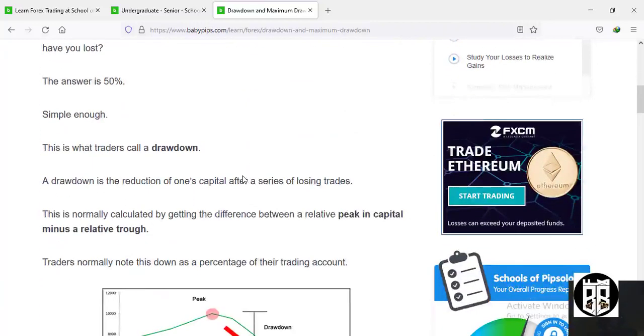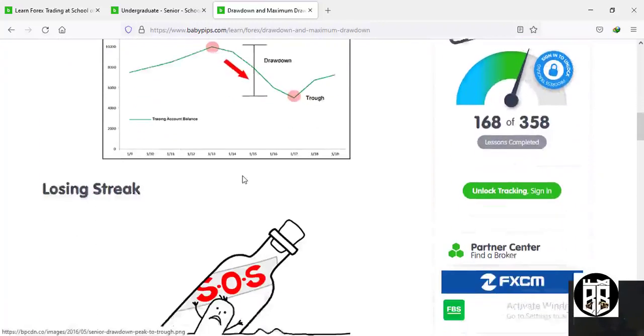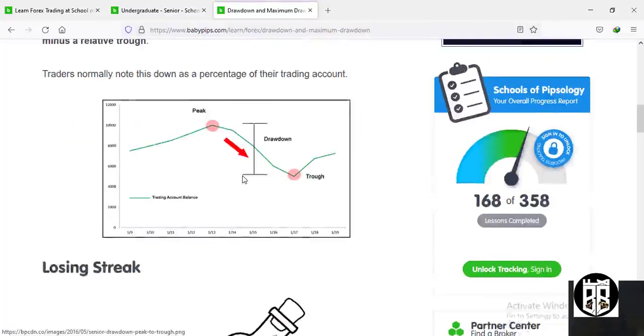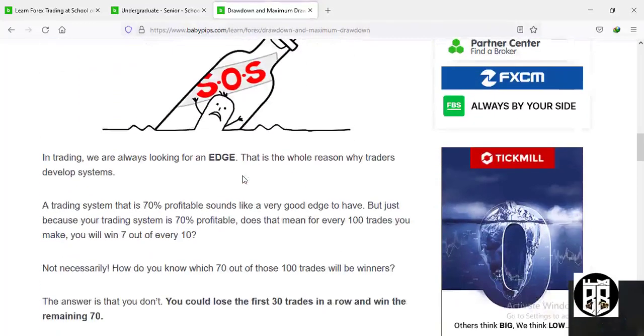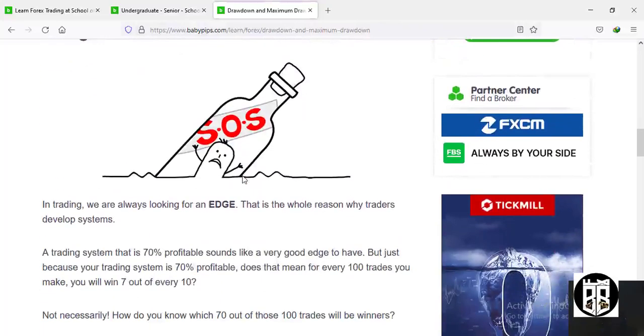When you lose a certain amount of money that amounts to half of your investment capital, that is a drawdown. So this is normally calculated by getting the difference between a relative peak in capital minus a relative low. Now, a losing streak. A losing streak is the number of trades you lose before you win.